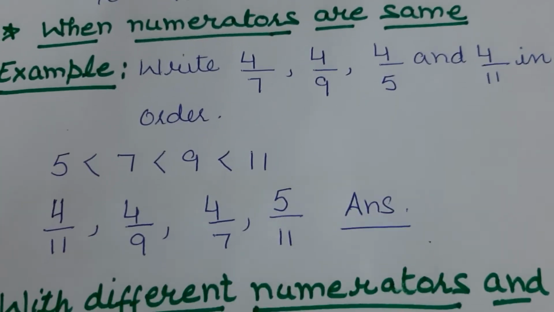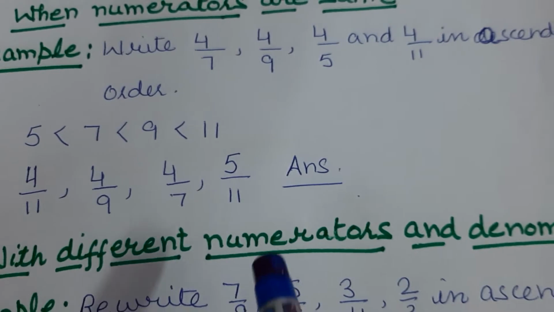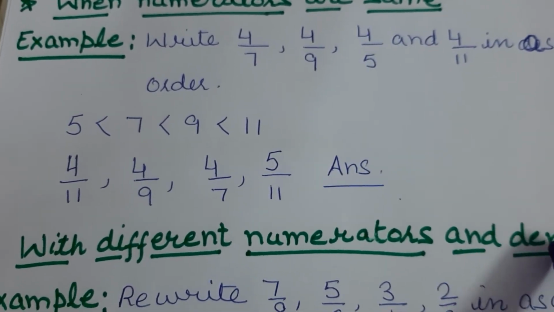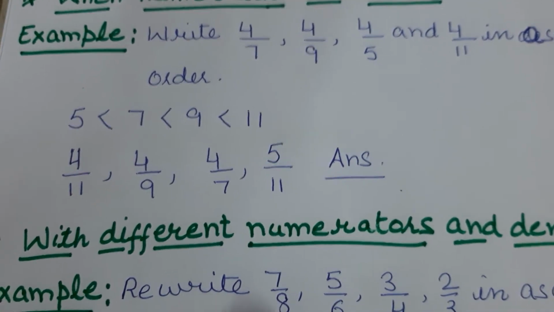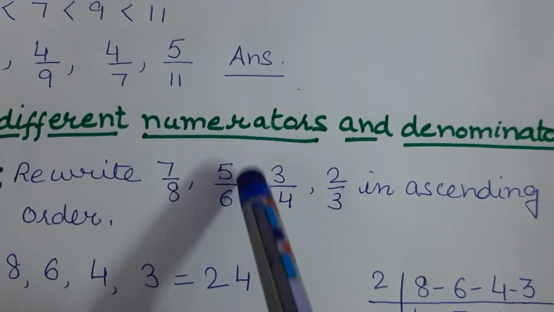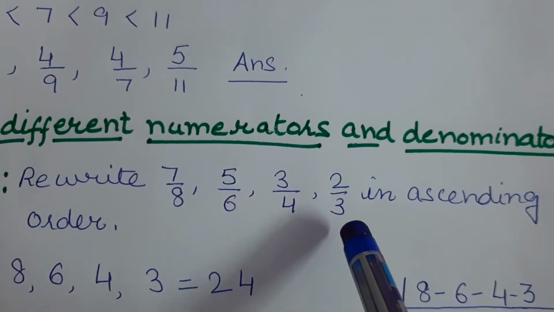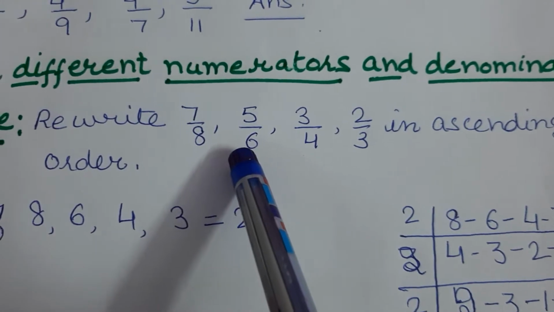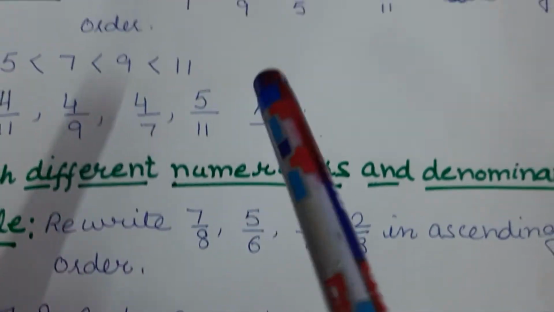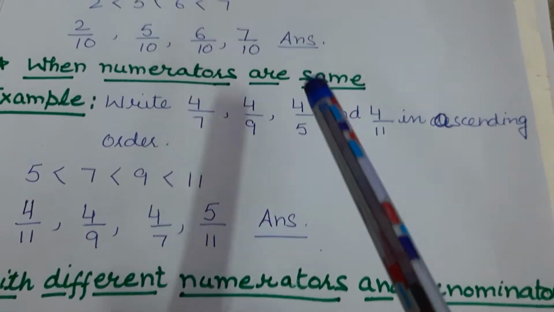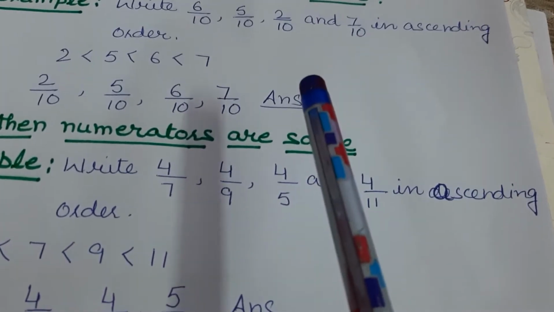Now the question comes when both numerators and denominators are different. You can see in this statement both are different. So what will we do then? We can compare fractions if numerators are the same or denominators are the same.